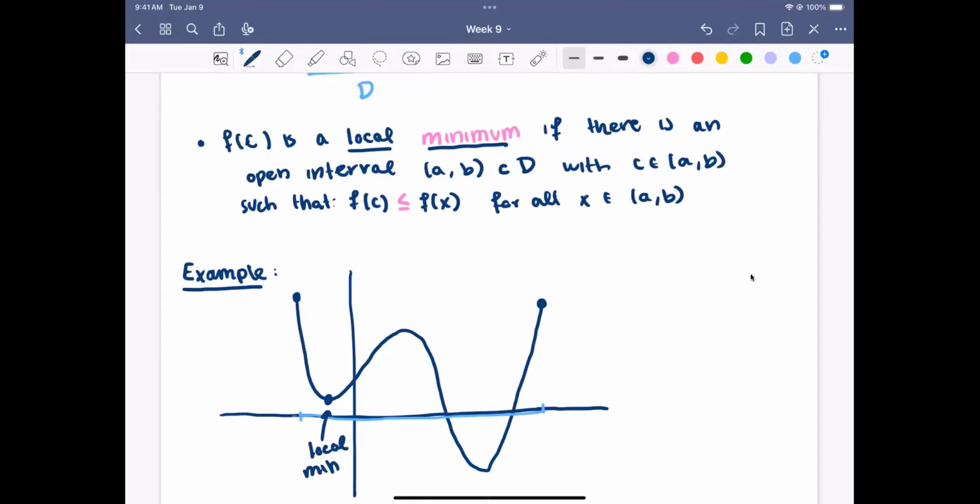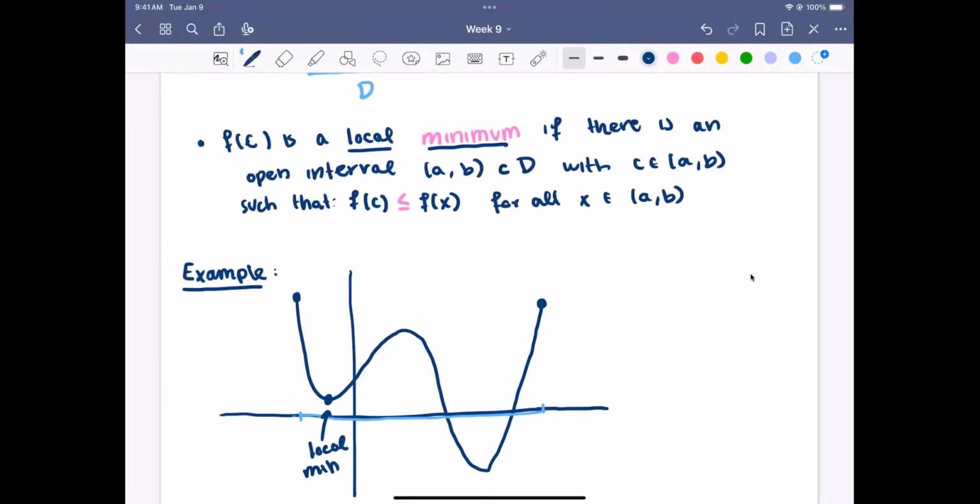What is this one? Yeah, so this is an absolute max. Is it a local max? It's actually not, because there's no open interval that's contained inside of the domain where this is the maximum value of the function, right?